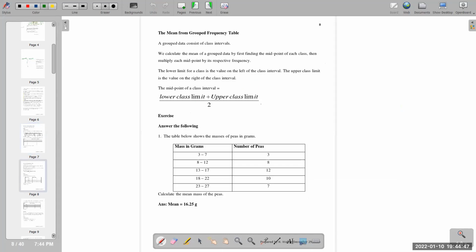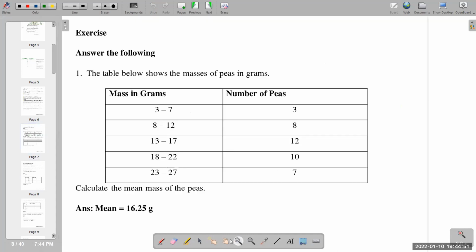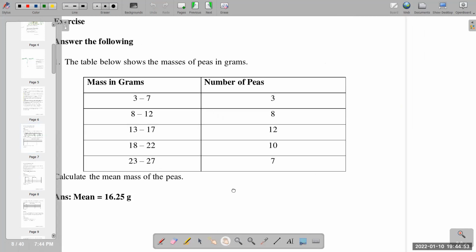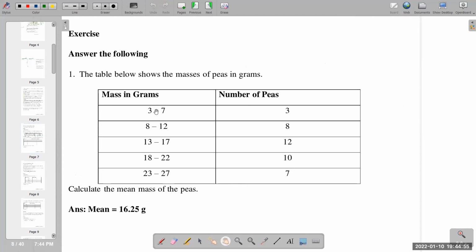But look at this example of this table here. What do y'all realize here? This example is talking about grams. Which one does this one look like to you? So guess what the thing is about this? 3 peas weigh between 3 grams and 7 grams.